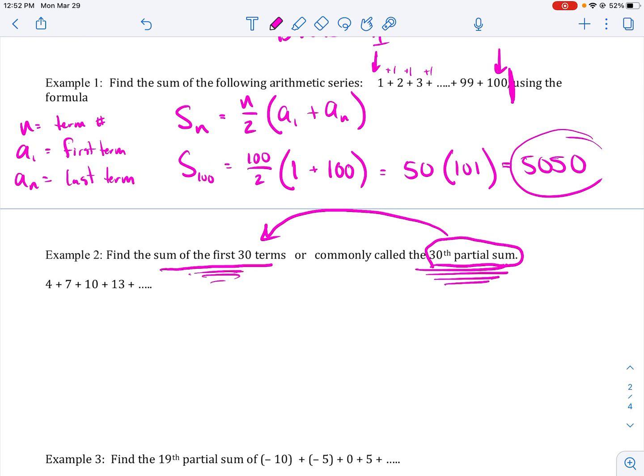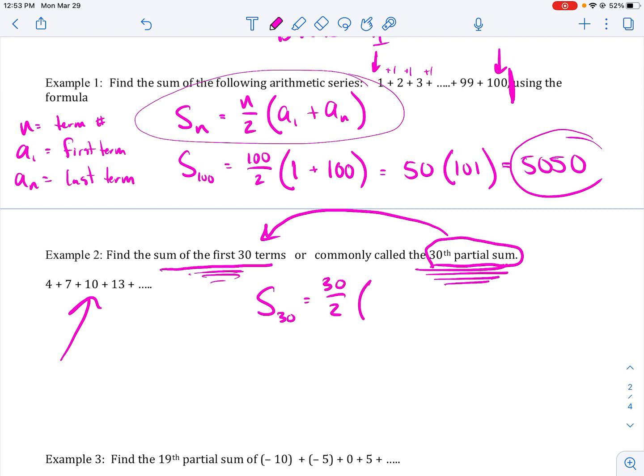Now, when you go to look at the formula here, you'll see that we're missing a couple things. We have 30 divided by 2. Anywhere you see an n, you put a 30. And a1 goes there. But we don't have our a sub nth term, or our 30th term.